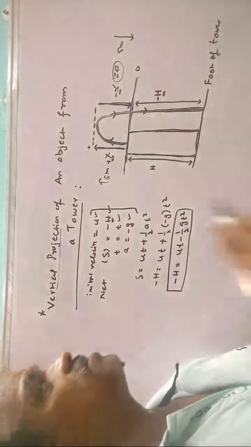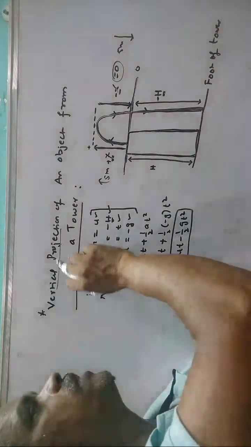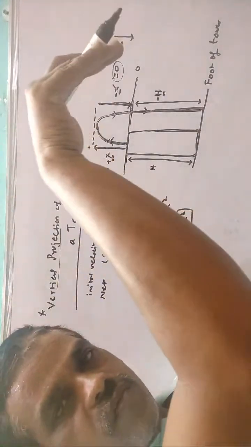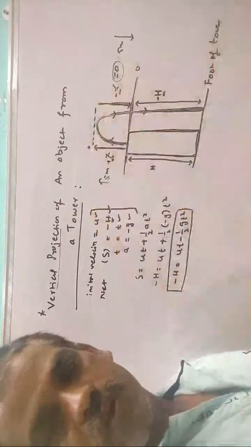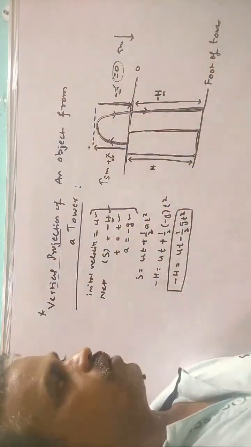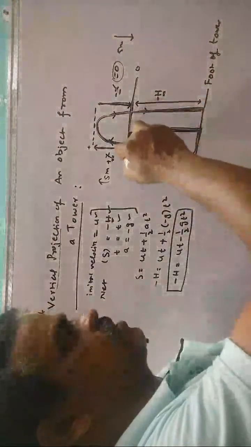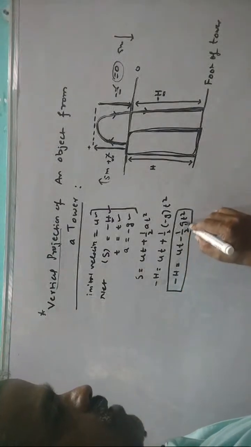What is the case we considered in this topic? Vertical projection of an object from a tower: we project vertically up, it goes to maximum height, then comes back and reaches the foot of the tower. For that case we are calculating the height of the tower, and we got the equation minus h equal to ut minus half gt square.